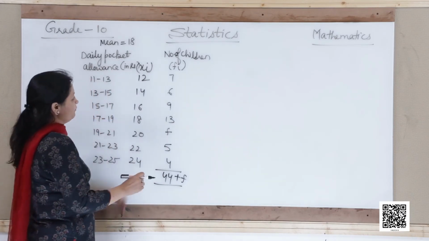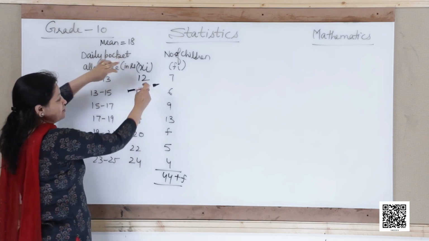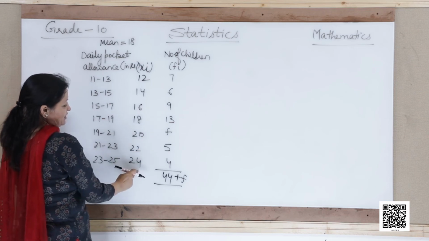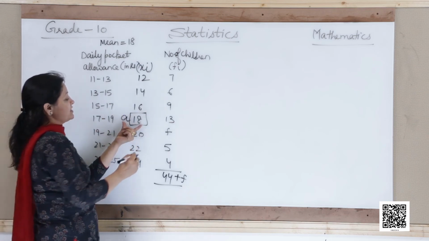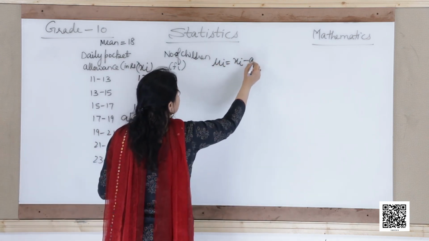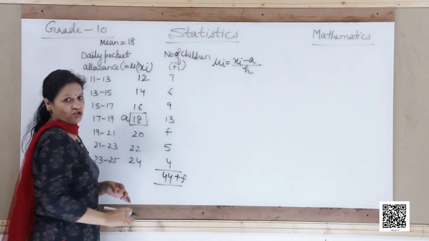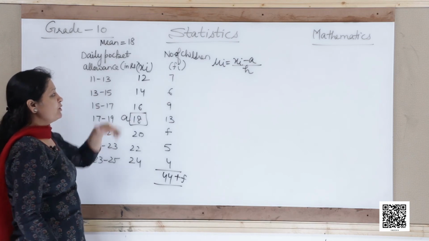In that also, what we have to do is assume a mean. How many terms? 1, 2, 3, 4, 5, 6, 7. So again the middle term is 18. I'll assume it as A. So what I need to find out is Ui, which is Xi minus A by H. You can check the difference between the terms is 2. So you can do it another way also.